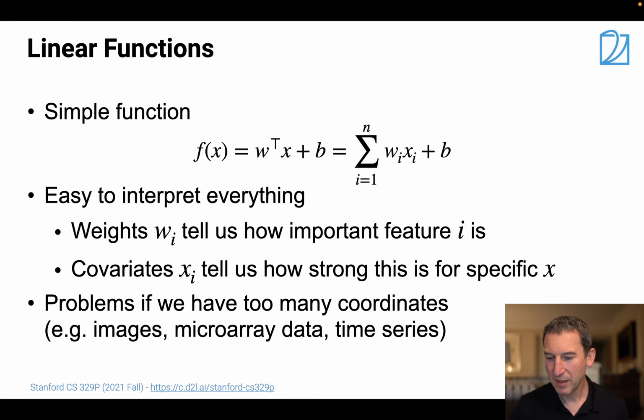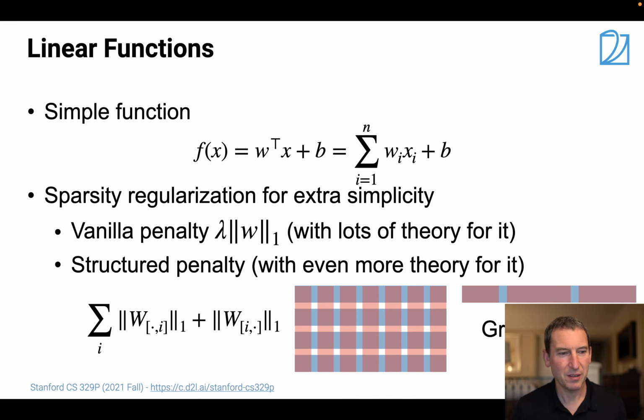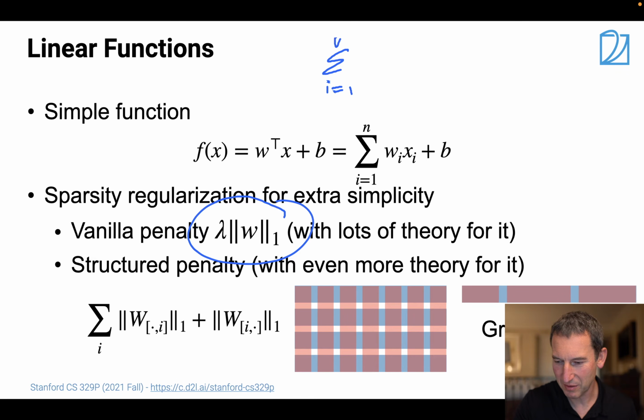Okay. Now, if you do that, you could even try to come up with even simpler models. So, for instance, you could just impose an L1 penalty. This one norm here does nothing else than just compute the sum over i going from 1 to n of |w_i|.